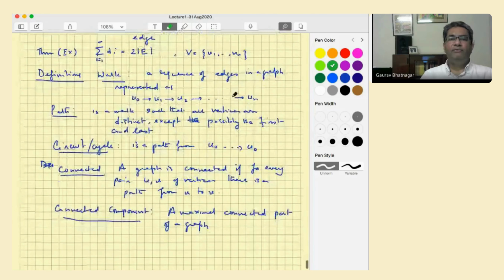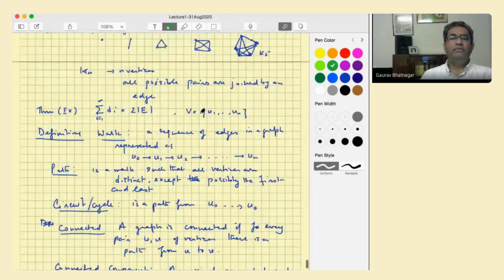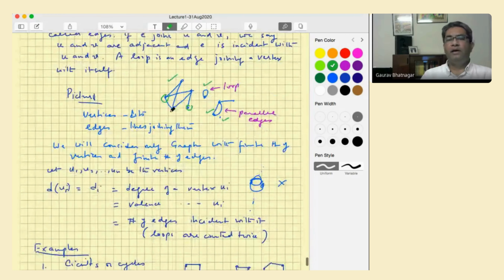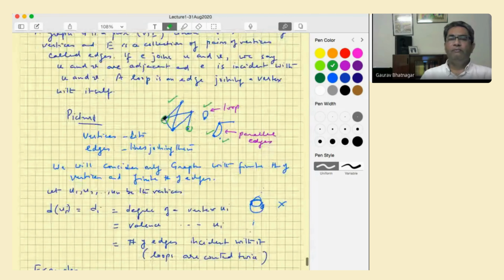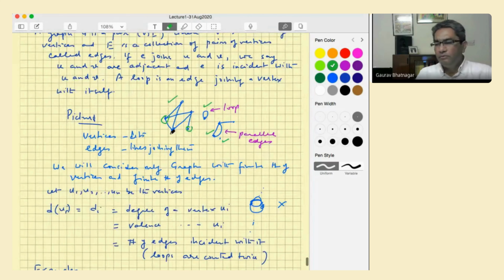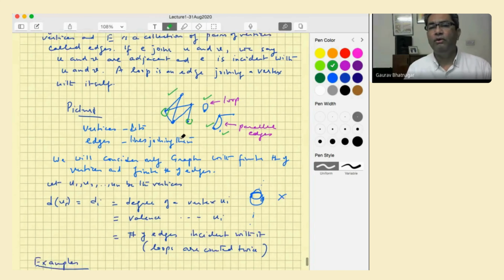And I think a walk is just, you walk along the graph, and a path is a little bit more specific in that you don't repeat vertices. There's no point going back and forth in a path. If you keep going back and forth along the same line, you get an infinitely long path.